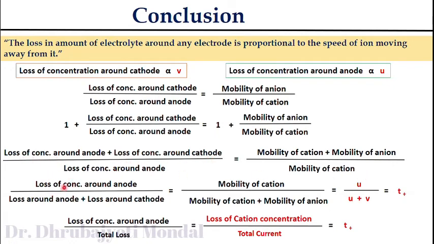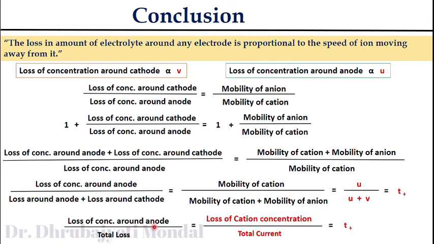Inversely, loss of concentration around anode divided by the total loss is equal to U by U plus V, and this factor is called the transport number T plus.